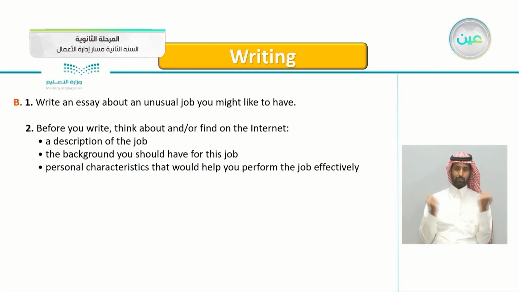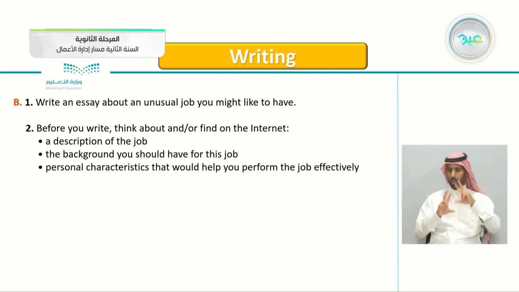Exercise B here. Write an essay about an unusual job you might like to have. Before you write, think about and or find on the internet a description for the job. The background you should have for this job. What should you have? Your qualities for this job.